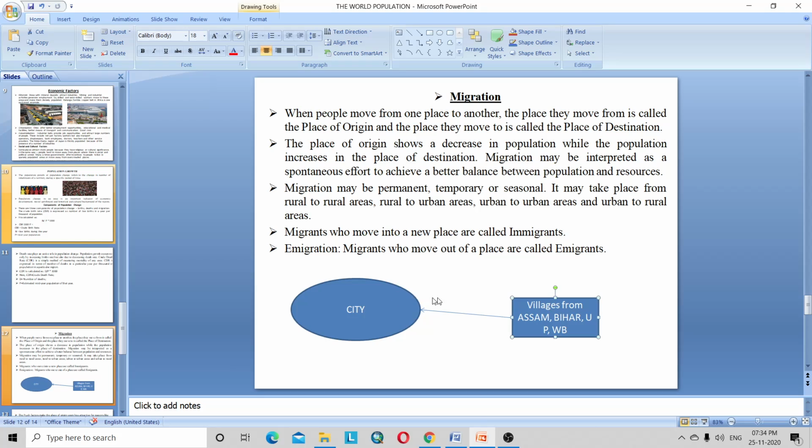Migration can be permanent, temporary, or seasonal. Some people go to the city only for the short term, and some people go there for permanent settlement. It also takes place from rural to urban, urban to rural, and also from urban to urban areas.